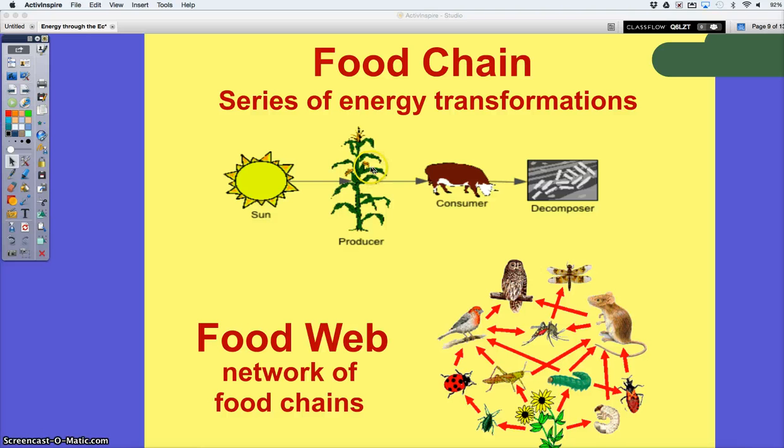You always want to draw your arrows in this direction because you're thinking a cow eats a plant, right? But it's not about who eats what. It's about how the energy gets transferred from one to the other. So make sure you make a note about in which direction arrows go to show energy transformations or a food chain, because what it's showing is a series of energy transformations.